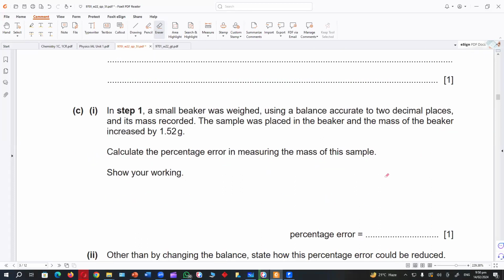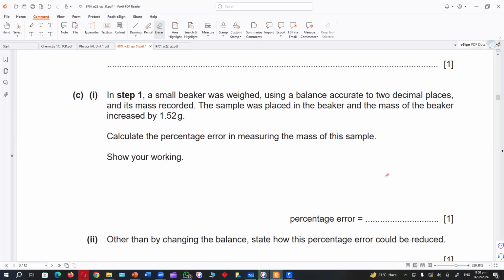Now, what he says now, he says 2 decimal places. So he says there is an error. There is an error in reading the mass. The 2 decimal means it's a pure mass question.